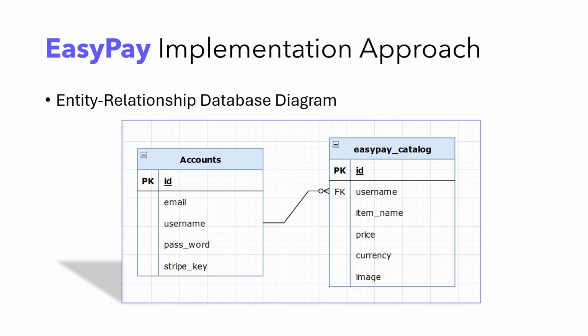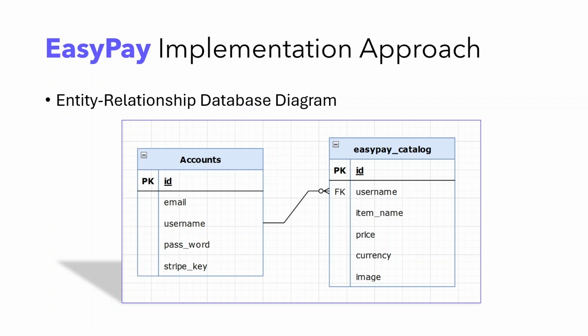Here is our database. So we're only working with 2 database tables. We have our main accounts table, which houses our email, username, password, and Stripe key. And each account can have 0, 1, or many different items existing in the EasyPay catalog table.